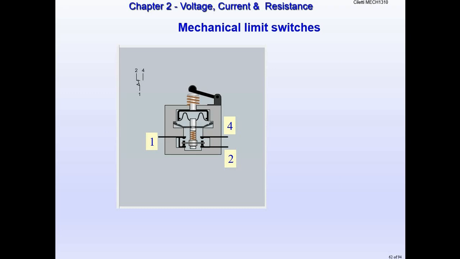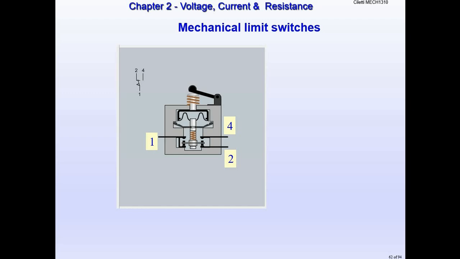In the upper left-hand corner, that little arm with a flag-looking thing on it is the symbol for a limit switch, also on your test. This is what they look like on the inside. On the very top, that black-looking arm is the mechanical lever. When that gets pressed, it pushes the screw-like thing down and closes contactors 1 and 4.